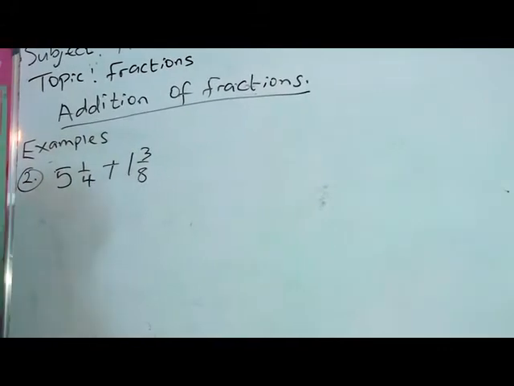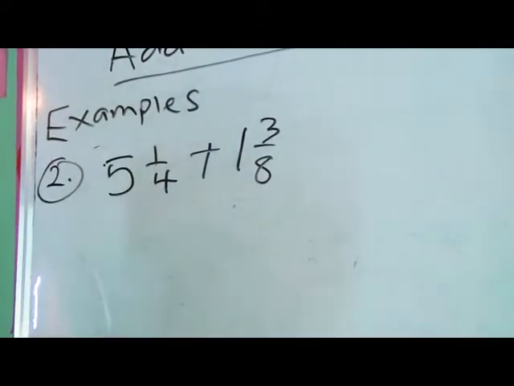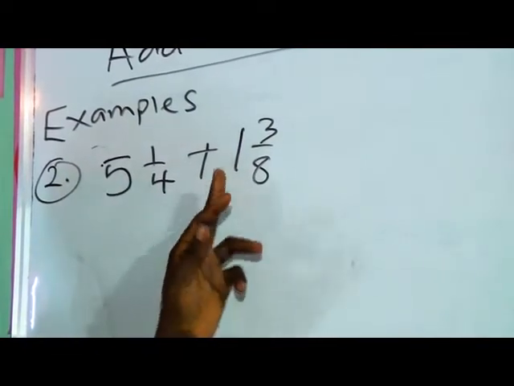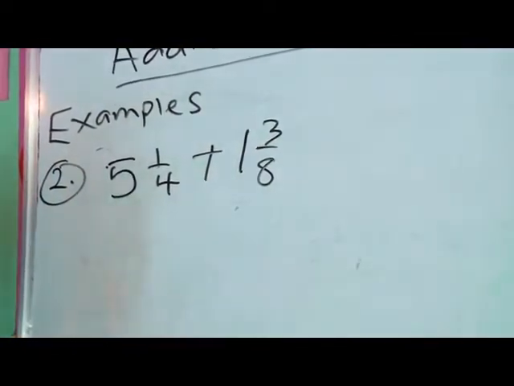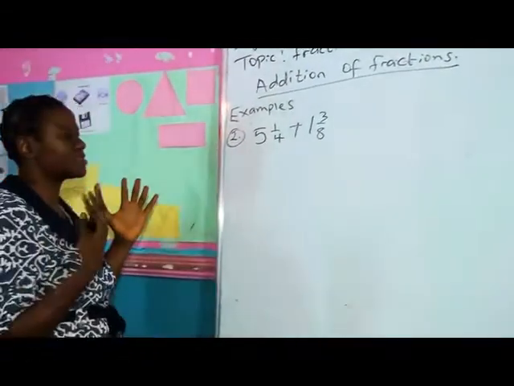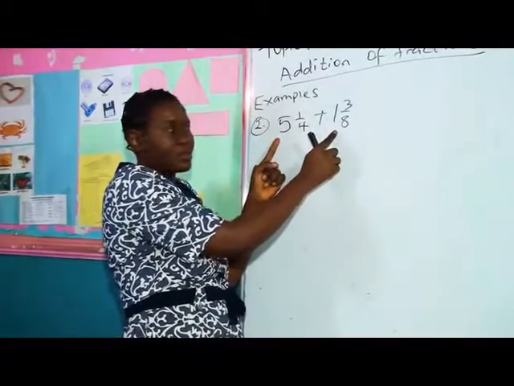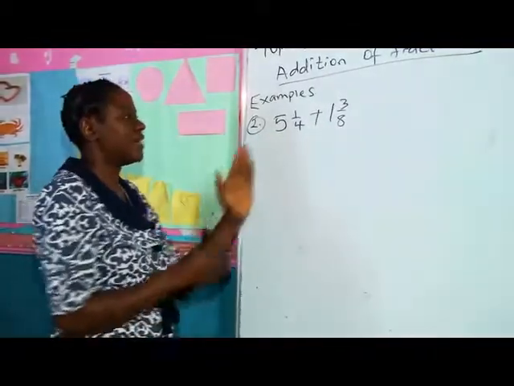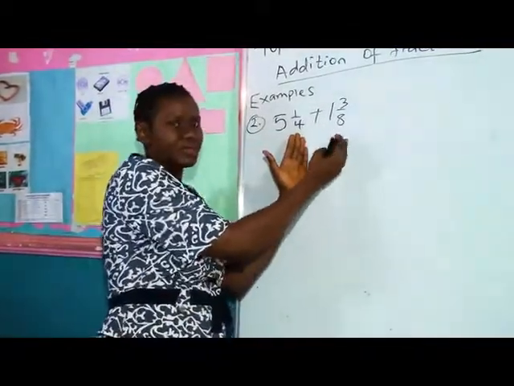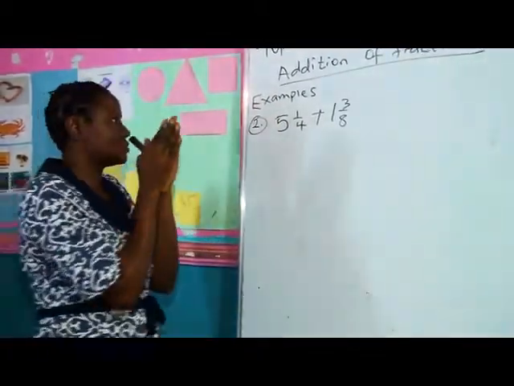Okay, I have 5 whole number 1 over 4 plus 1 whole number 3 over 8. I want to add up these fractions. I could use two methods. The first method is to add up the whole numbers first, then add up the fractions and sum them up.